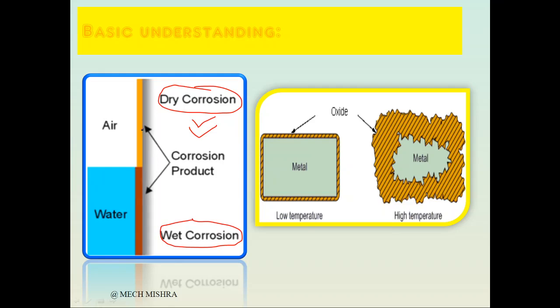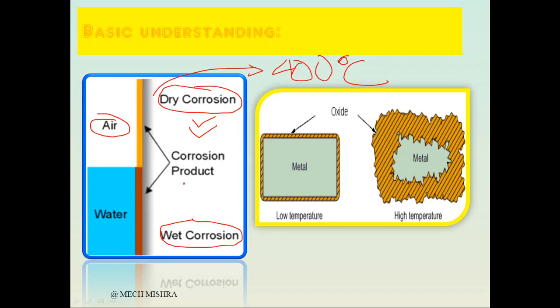happen in the presence of air. However, moisture or water will not be present, and basically it happens at a temperature of 400 degrees C and above. So this is dry corrosion.